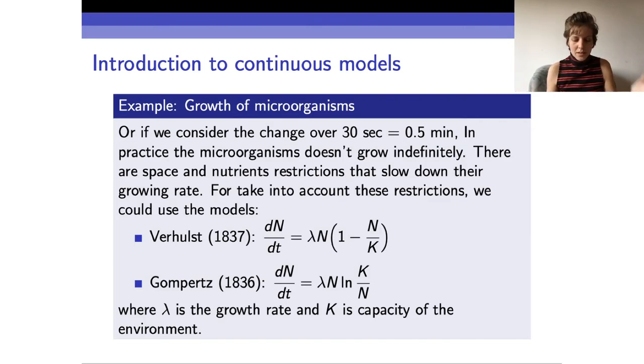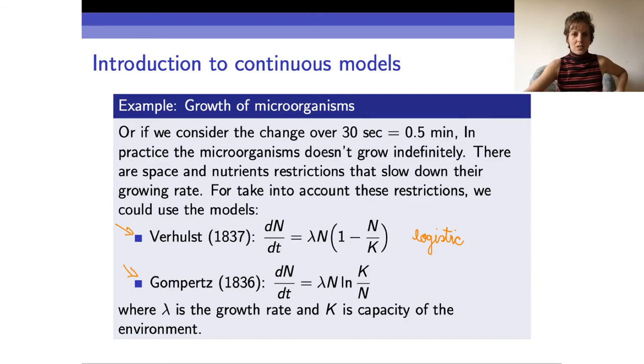Then there are some possible models. So you can use Verhulst. We already said this. So this is the logistic equation, and there is also the Gompertz.